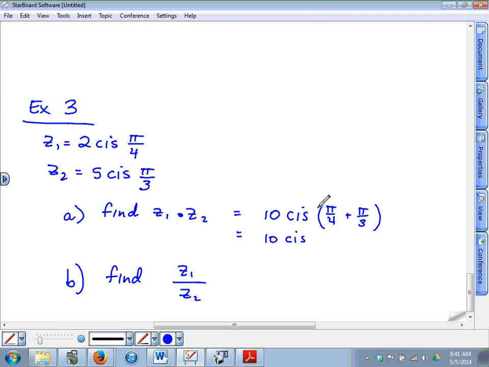So this is going to be 3 pi twelfths plus 4 pi twelfths, which is 7 pi twelfths. This is simple arithmetic here. And unless it specifically says express your answer in standard form, you can just leave it in polar form like this, which is nice.